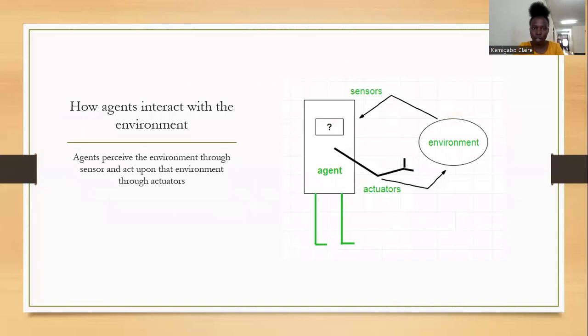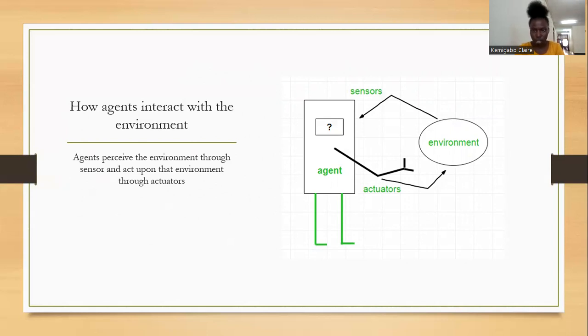This is how our environment is going to be interacting with the agents. The agent perceives the environment through the sensors, as I explained earlier, and it acts on that environment through the actuators. Actuators mainly are the actions that are going to be done, or the results that we are expected to receive. After you have fed this in, what action should I take, and what are the results?